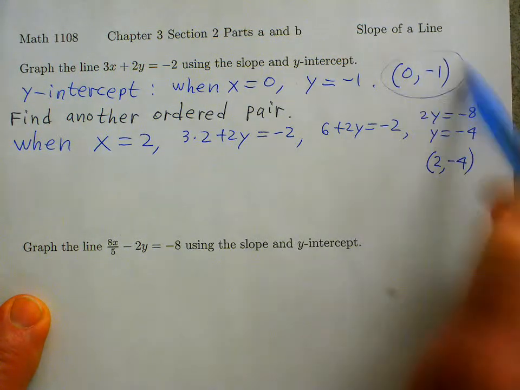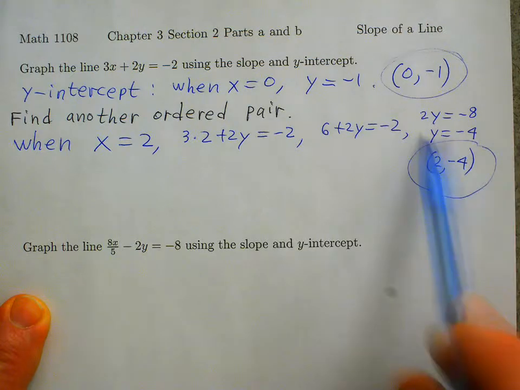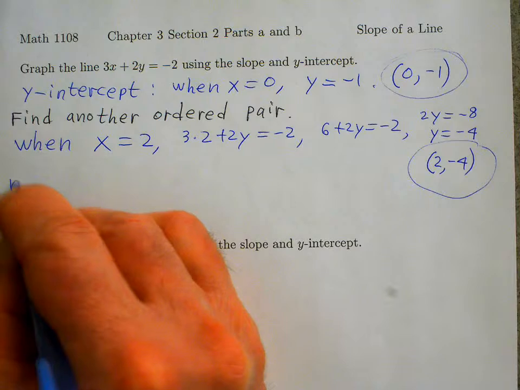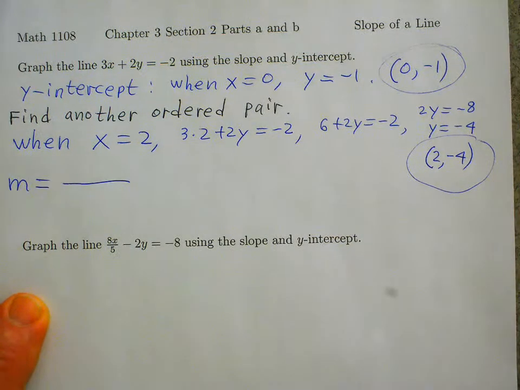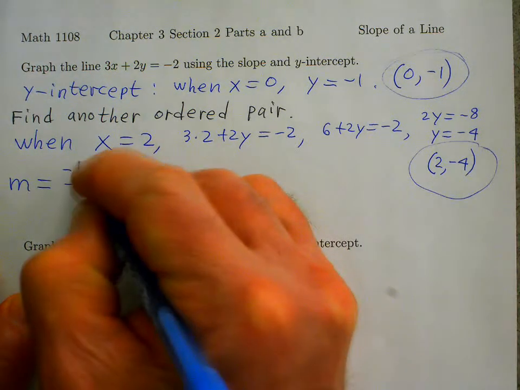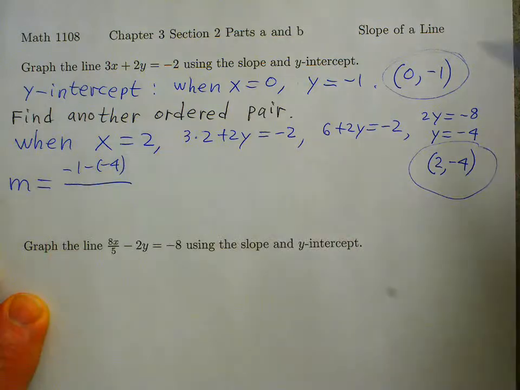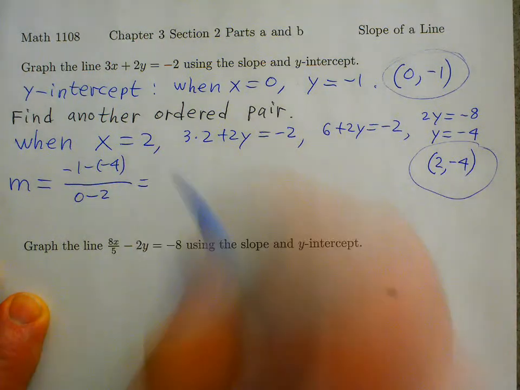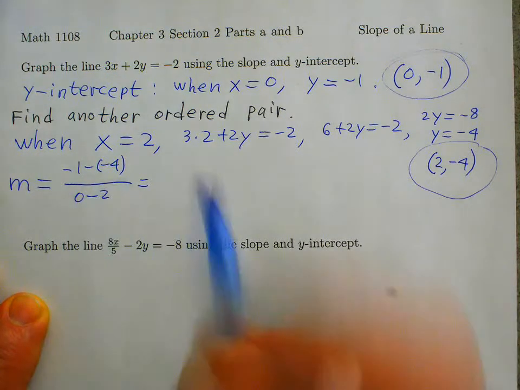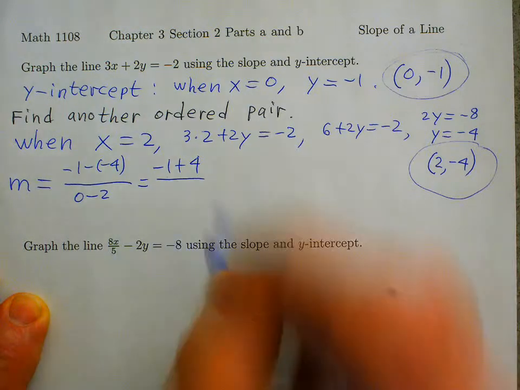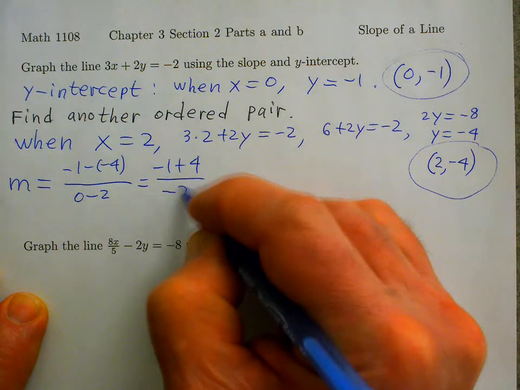Okay, then we'll find the slope of the line that passes through 0, -1, and 2, -4. So in the numerator, I'm going to write -1 minus -4, and then in the denominator, 0 minus 2. -1 minus -4 is -1 plus 4. 0 minus 2 is negative 2.